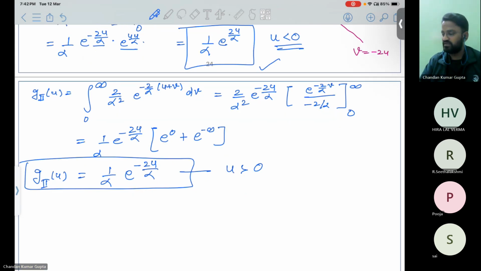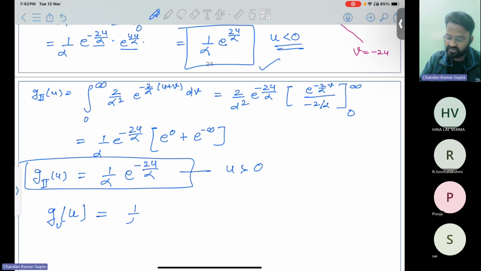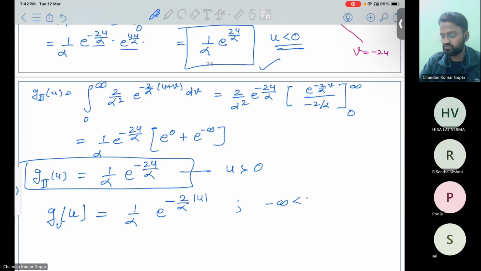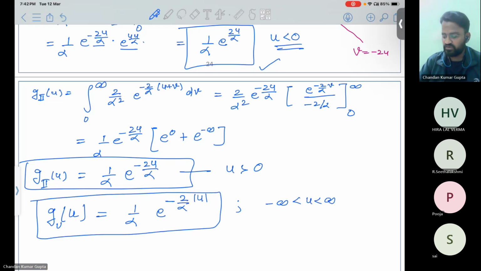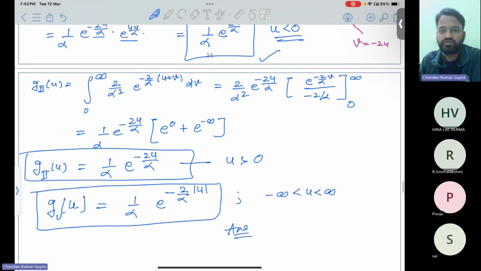That means the distribution of u is like 1 by alpha e to the power minus 2 by alpha times mod u. Okay. Anyone have any doubt?